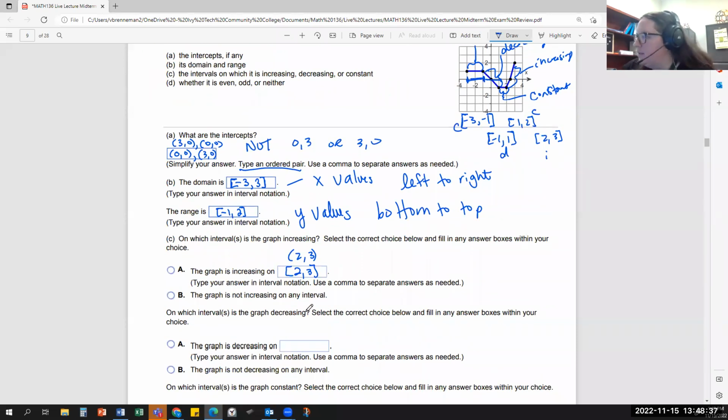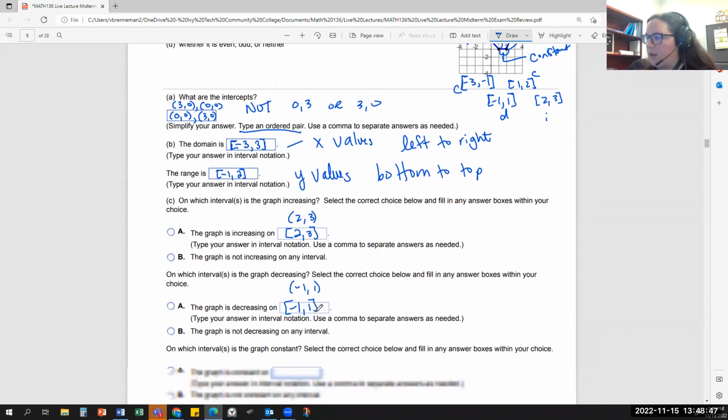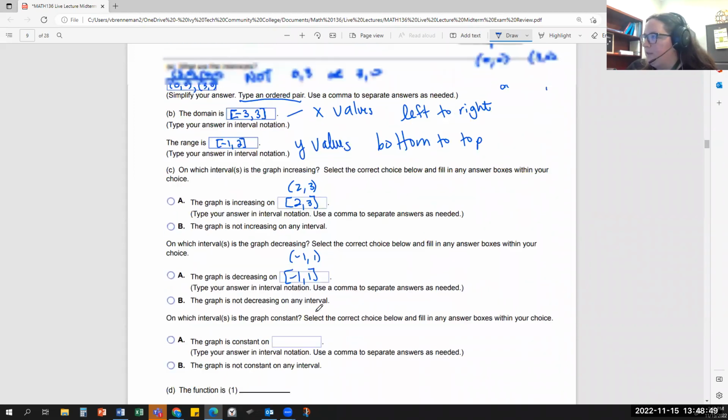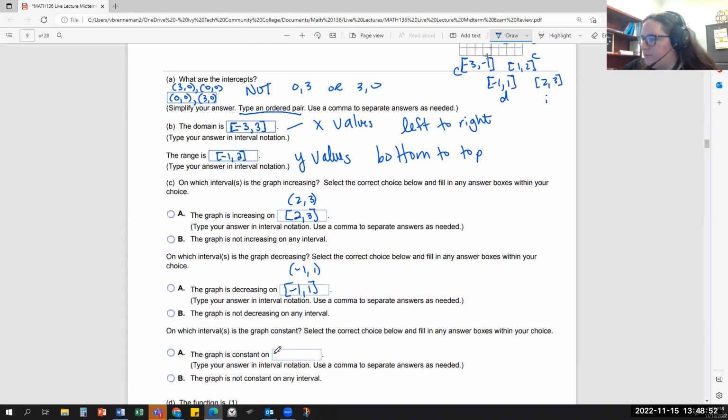It's decreasing from -1 to 1. Again, that could be with parentheses. This is the one context where you can use either the parentheses or the square brackets. And then the constant was -3 to -1, and it says use a comma to separate answers. So rather than using the union symbol, we'll just list those two separate intervals.